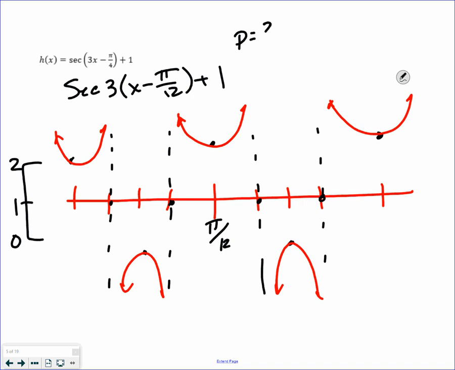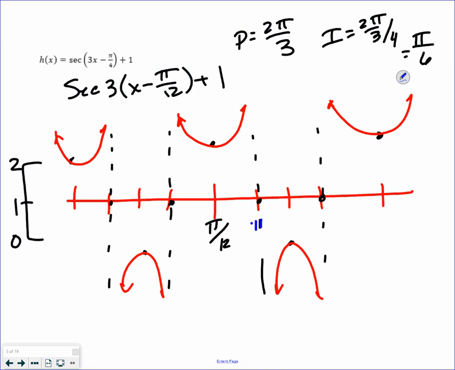Period length. Period length is always 2 pi divided by b. So the interval for this one divided by 4 is pi over 6. So I'm going to add pi over 6 going to the right and subtract pi over 6 going to the left. So I'm going to add pi over 6.